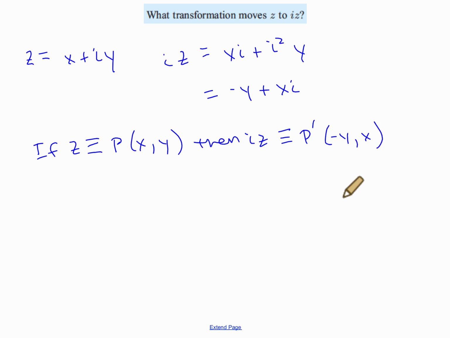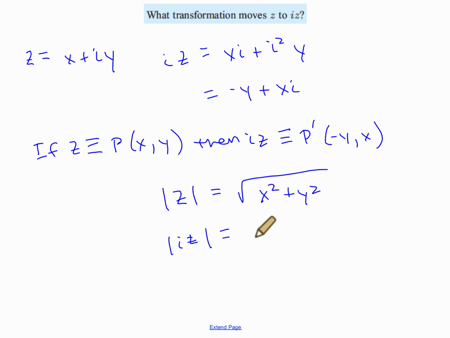So mod z is equal to the square root of x squared plus y squared, and mod iz is also equal to the square root of x squared plus y squared.